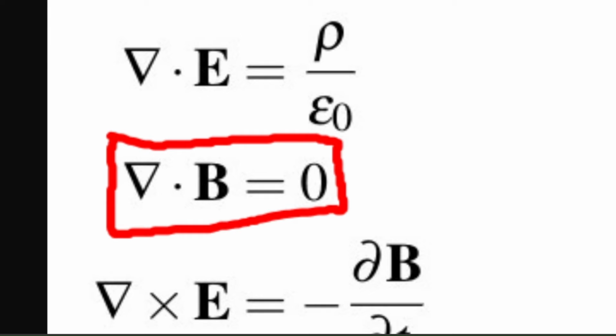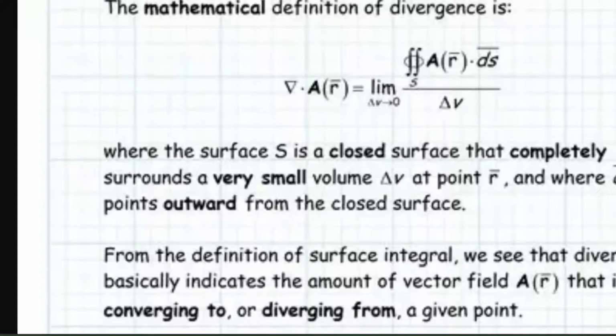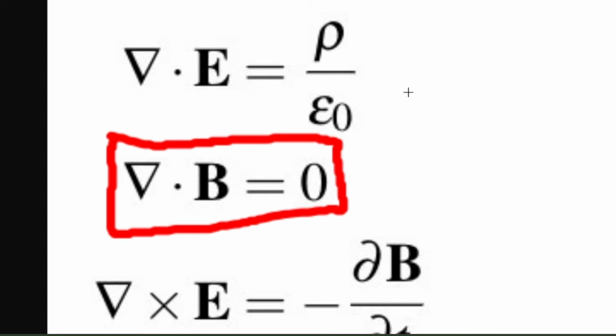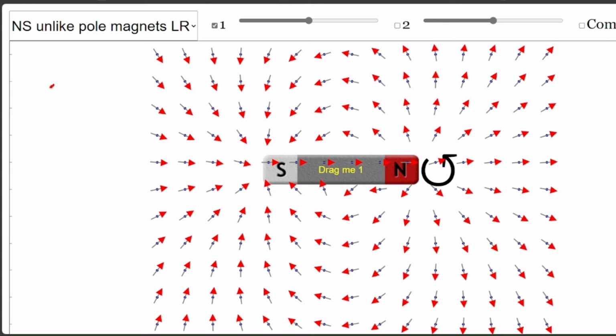What does it mean? It means that at any point you take, as much field is going in as is going out. Maxwell tells us that the divergence of the magnetic field at any point must be 0.